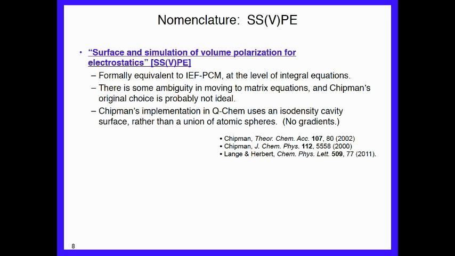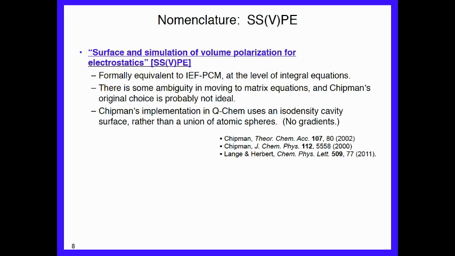There is a little ambiguity in how one takes those integral equations and discretizes them to get the finite matrix equations that we actually solve in Q-Chem. If you are interested in this point, which is a little esoteric, we've discussed it at length in the Chemical Physics Letters paper that I wrote with Adrian Lange that's cited on this slide.